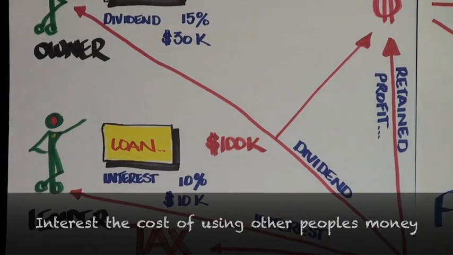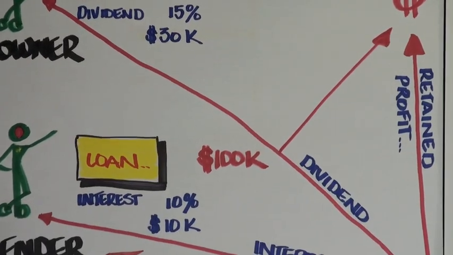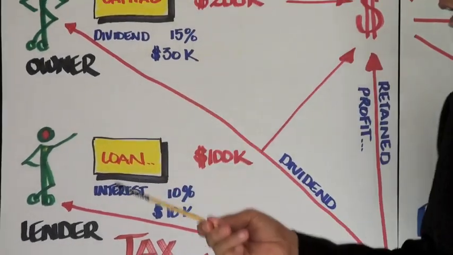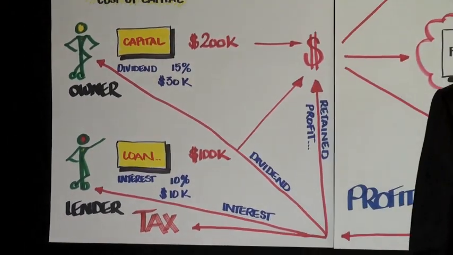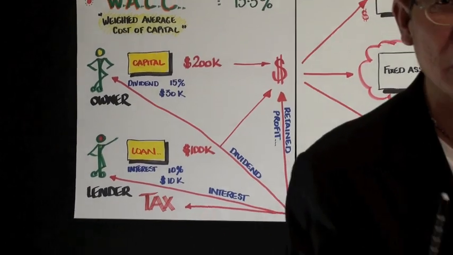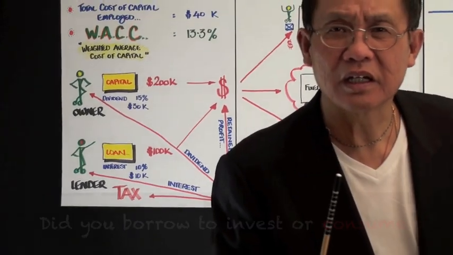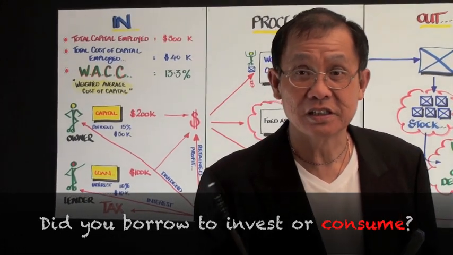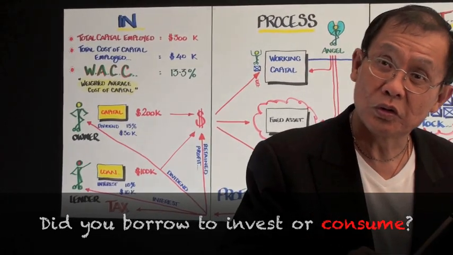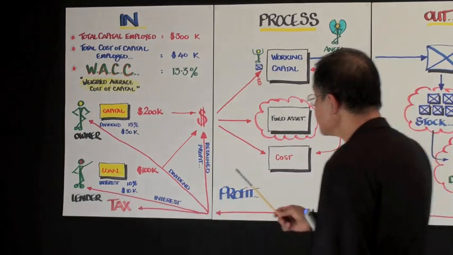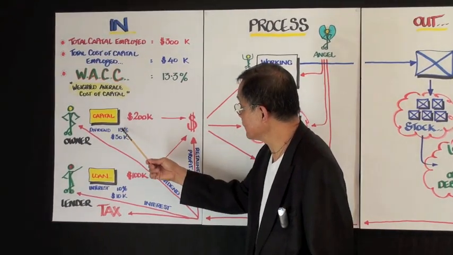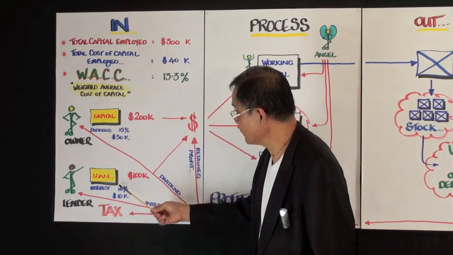Interest is the cost of using other people's money. So in business, you either bring in your own money or other people's money. So let's ask again, is borrowing good or bad? Now here, it depends on whether you borrow to invest or borrow to consume. So here, the cost of capital, 15%, cost of loan, 10%.